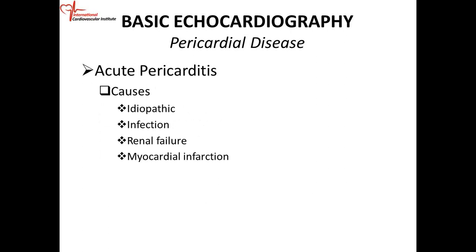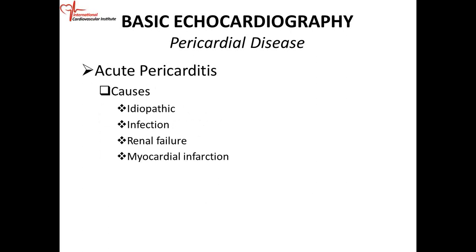Myocardial infarction, patients who have a heart attack, because remember, a heart attack is when the heart muscle dies and the heart muscle is in contact with the pericardium. So if you have inflammation involving the myocardium, that can extend to the pericardium. We talk about Dressler syndrome: probably a couple of days after the acute heart attack, patients will present with acute pericarditis.